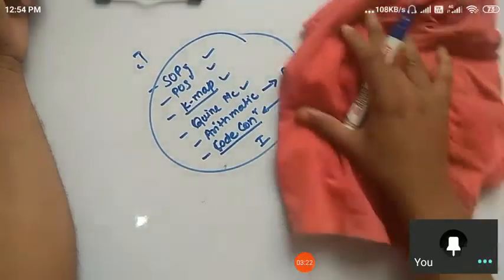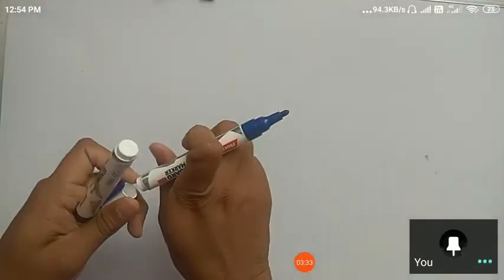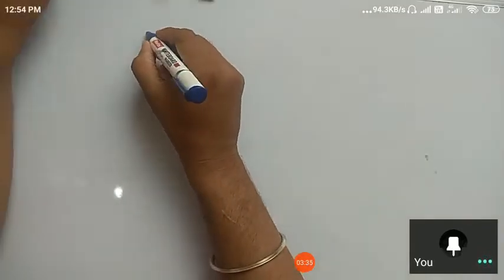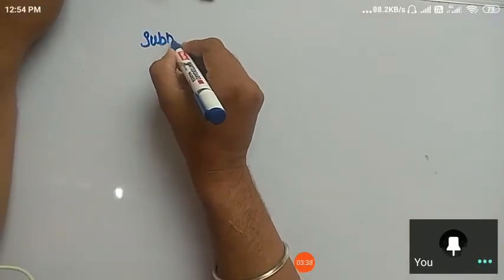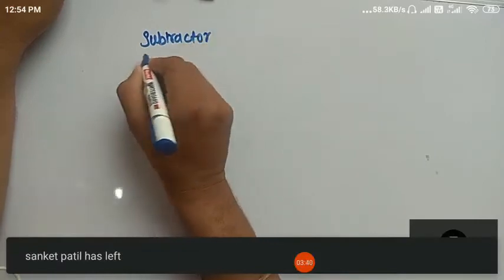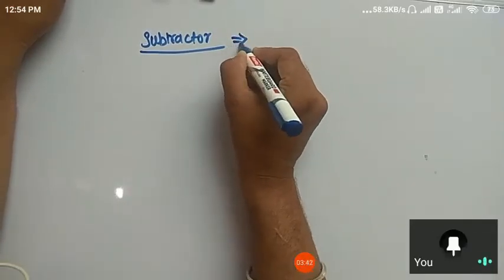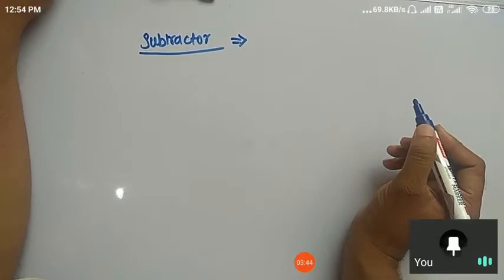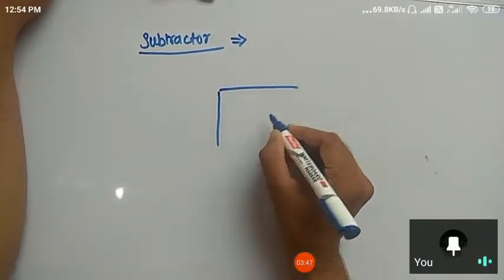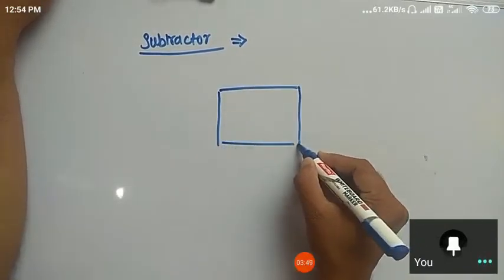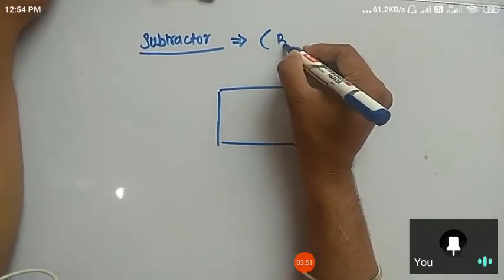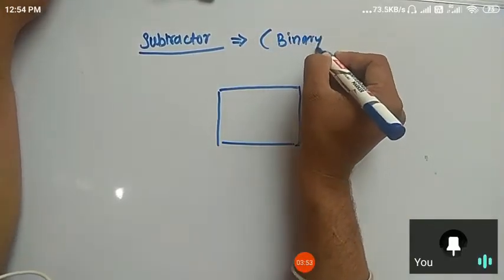Fine. Now today we are going to start the subtractor. Now the subtractor, as what we have seen for the adder, is one digital combinational logic circuit which performs subtraction of bits, and those bits will be in binary form.